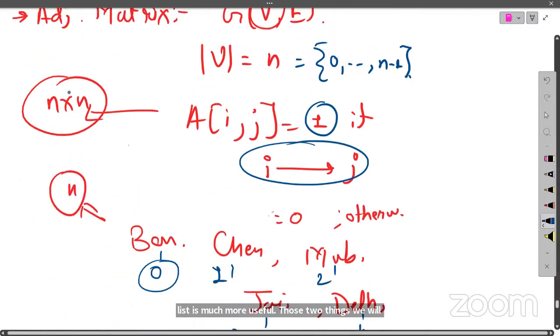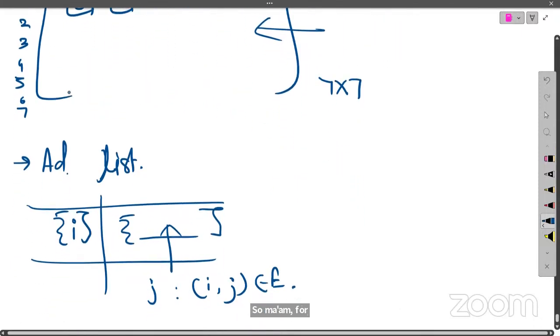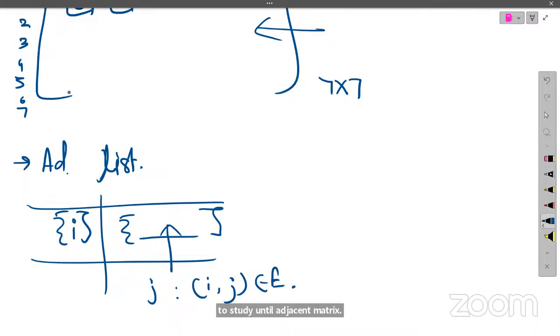Ma'am, for week number 10, you have to study until the adjacency matrix? No. We have BFS, DFS, and topological sorting, I guess. So when will you teach these? Tomorrow we'll study them, because I have exhausted the time, it's already 10.